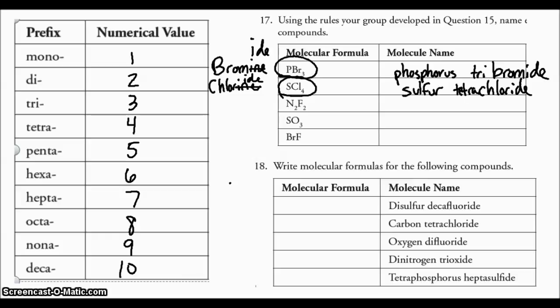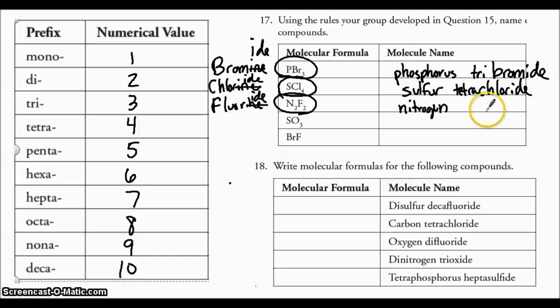Let's look at the next one. The next one we have N2F2. N, we should know, is nitrogen. Remember, the name didn't change. Then we have fluorine. Second vowel rule, cross out the I-N-E, put ide.